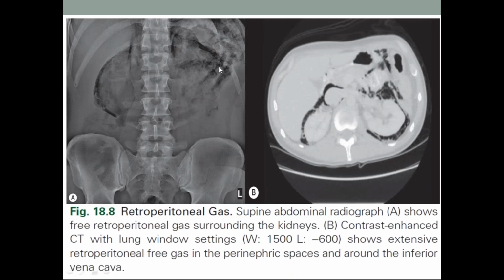On the left side you will also see this, and we have confirmed the same case with this. You can see this is actually the area of the IVC, and surrounding this you will also find gas. These are the kidneys, and surrounding them we are also finding gas. This is all retroperitoneal area, and we are finding gas.